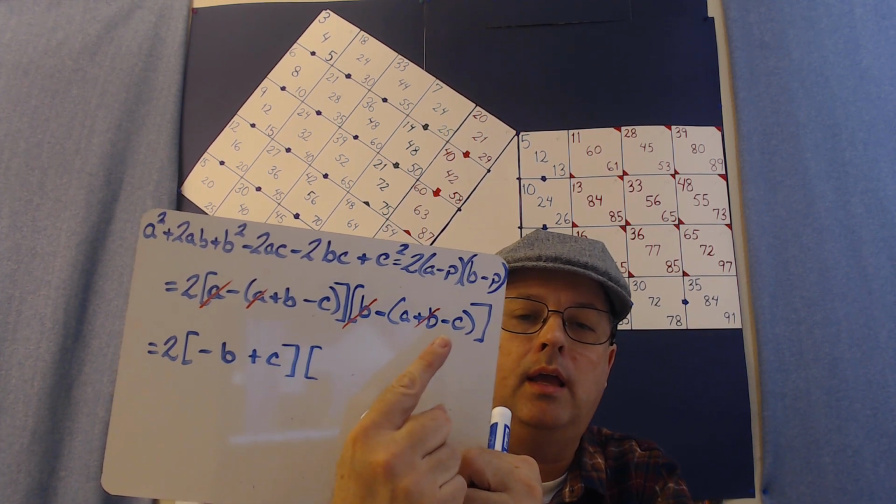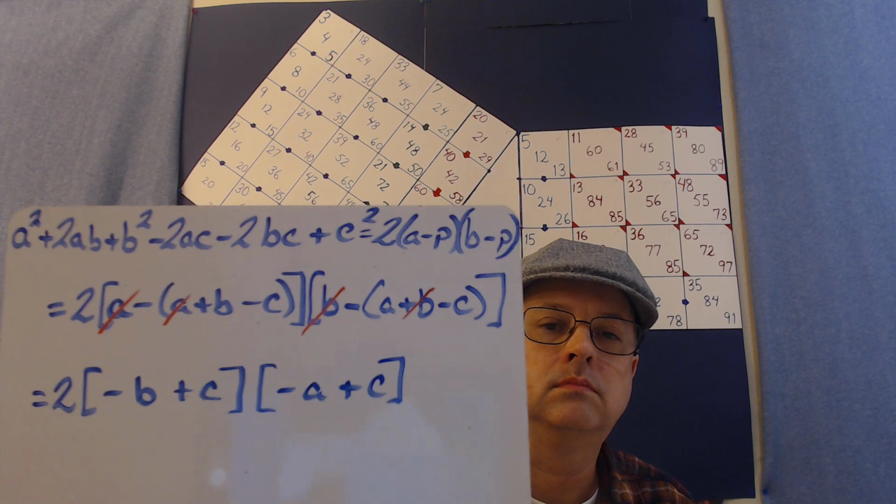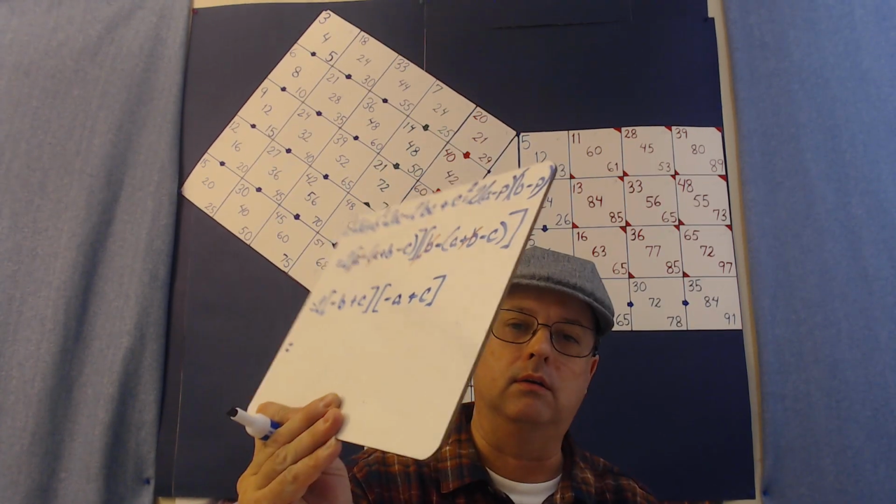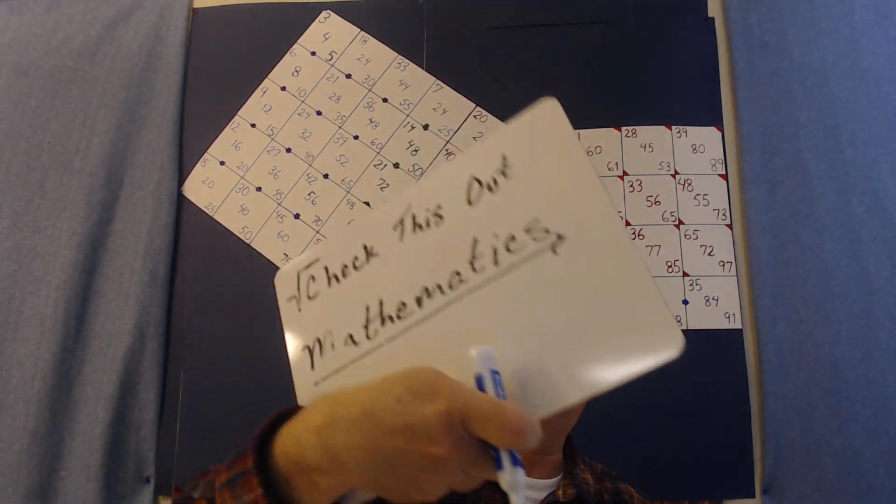So negative a and positive c. All right, and then if we turn it around, it looks like this. We say c minus b like that, and c minus a.